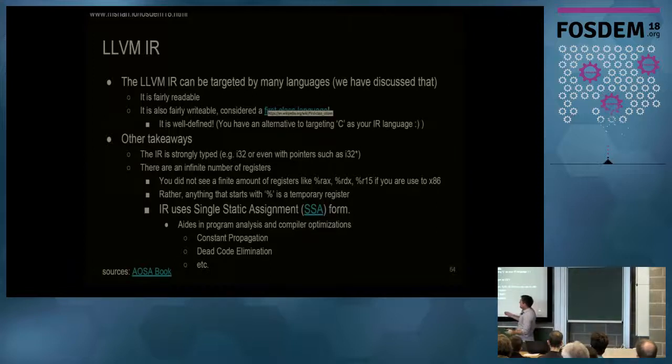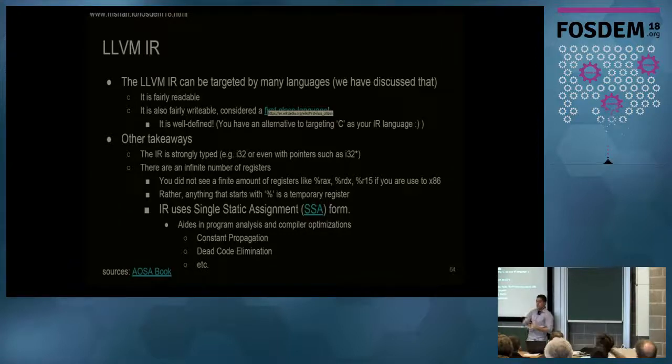The IR itself is strongly typed. We saw that I32, so that means there are types, even pointers can be defined with a star. There's what's known as an infinite number of registers, right? So from your assembly programming, if you have experience, you didn't see %RAX, RDX, R15, or whatever 16 general purpose registers.